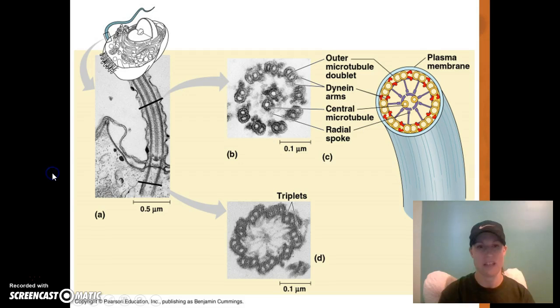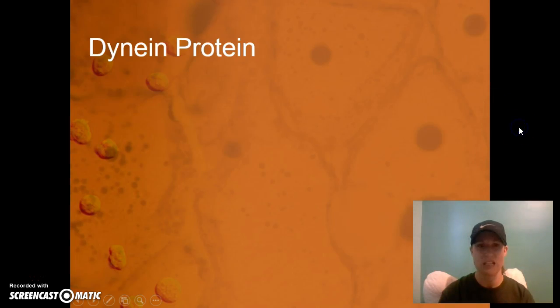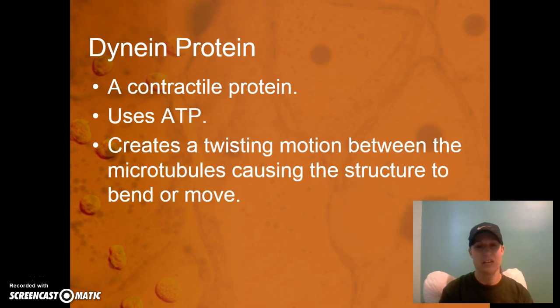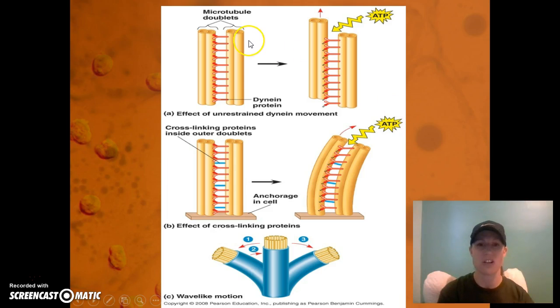What's so special about them? Again, here we can see a TEM image of 9 doublets, 2 singles in the middle. What is so special about those dynein proteins? Well, it's a contractile protein, which means it can shorten and lengthen. It uses ATP. It creates a twisting motion between the microtubules, causing the structure to bend or move. These guys are kind of jokingly called the walking feet, because there are 2 heads to that dynein.